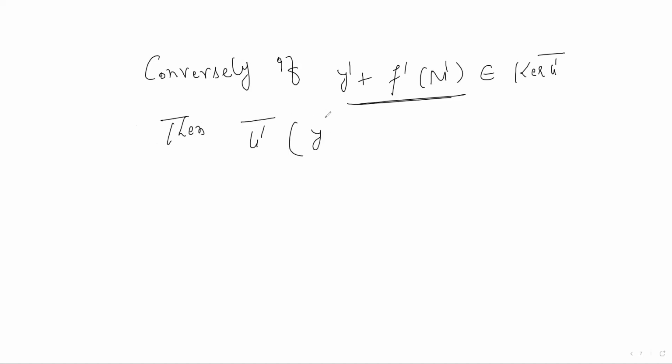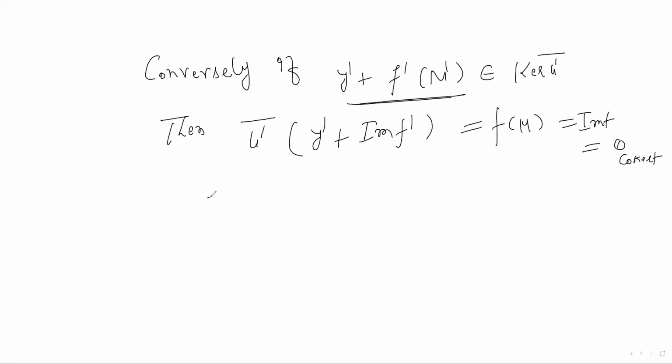if y dash plus image of f dash belongs to kernel of u dash bar, because any typical element of the domain of u dash bar is of this type, then u dash bar of this y dash plus, आप इसको image of f dash भी लिख सकते हैं, so no problem, image f dash equals f of m, which is image of f, which is actually 0 of co-kernel of f.